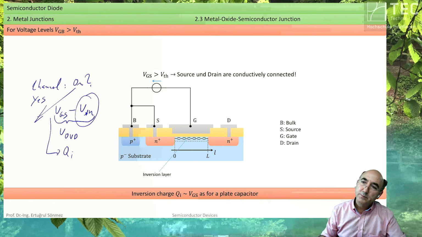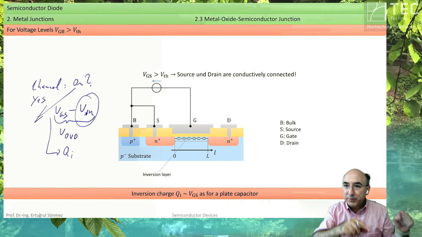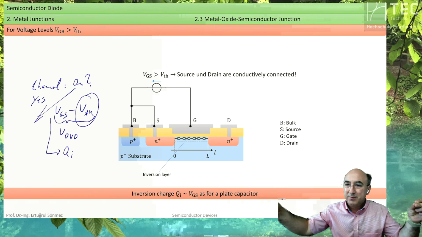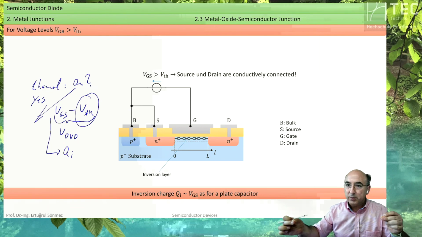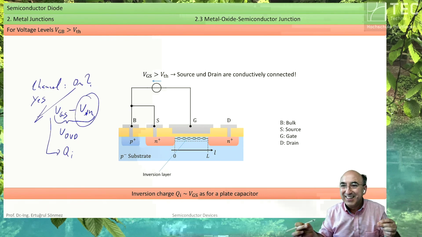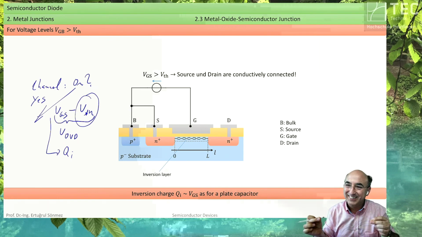That's the MOSFET. It's not complicated. It is a lot of information in one chain, and this is what I wanted to transfer to you, this chain, once in a life, so that you can say, I have understood the MOSFET.